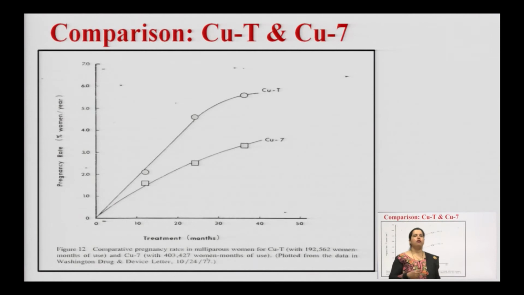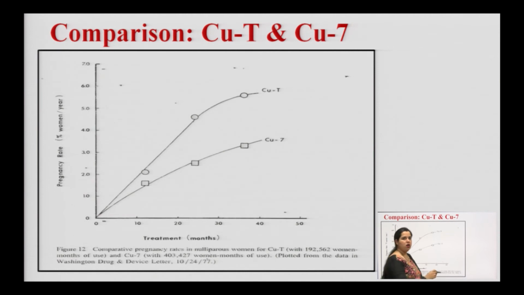Now, if you want to compare the T and 7 design, the graph shows the pregnancy rate as a percentage of women against the treatment duration in months, up to 50 months.